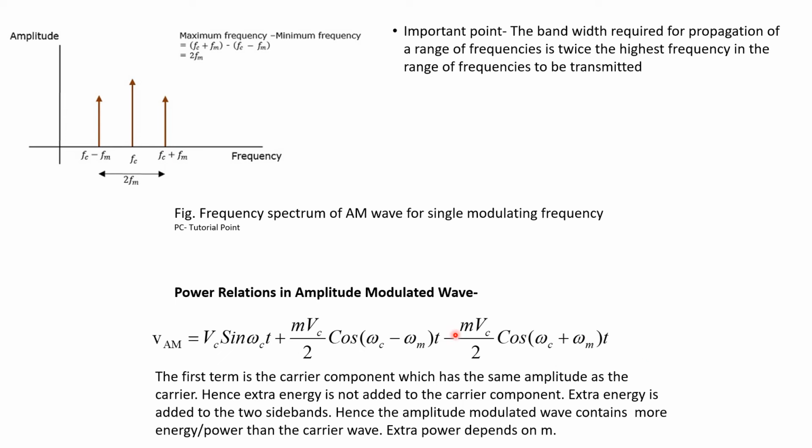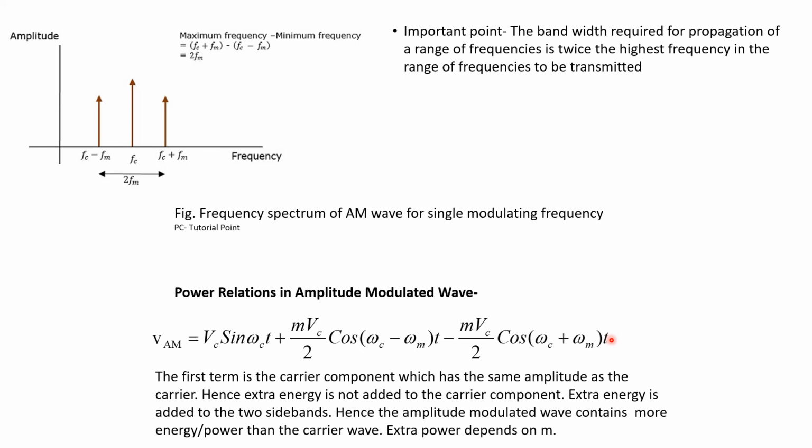So if we transmit only the carrier wave, the first term represents the carrier wave, but in the amplitude modulated wave, two additional terms are present in the equation.